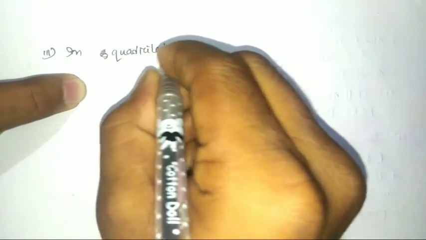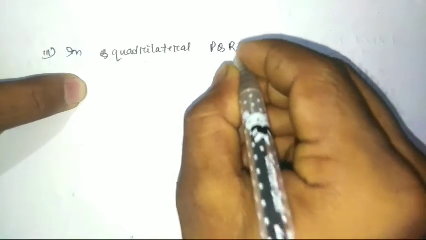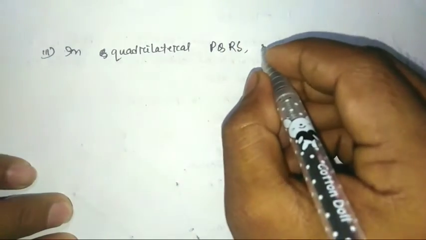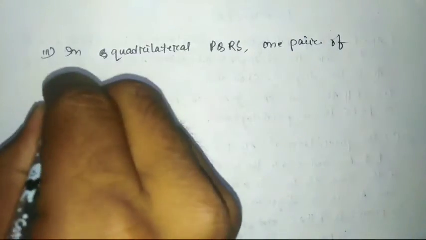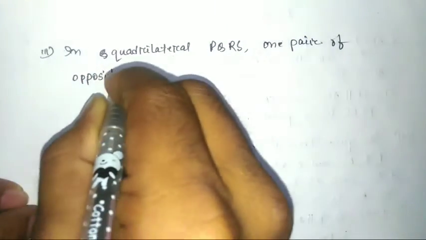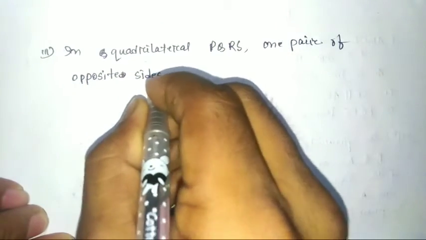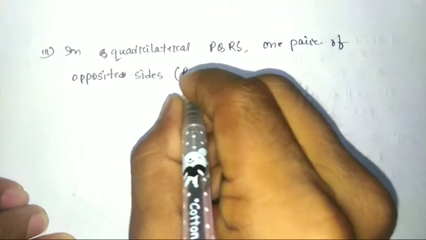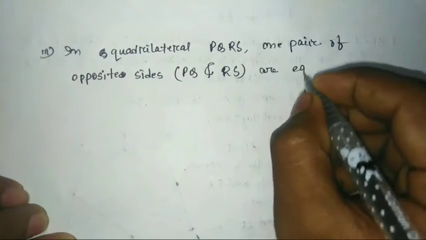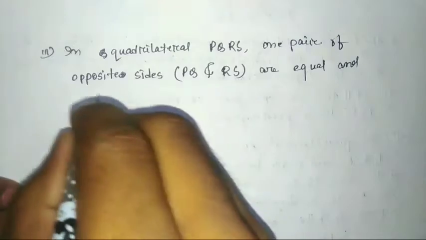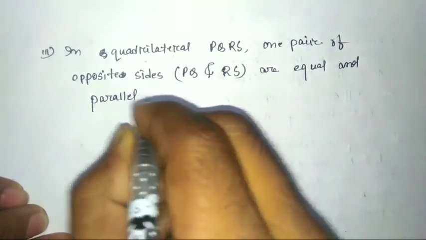In quadrilateral PQRS, one pair of opposite sides, which sides you can write in bracket, PQ and RS, opposite sides are equal and parallel. They became equal also, parallel also.